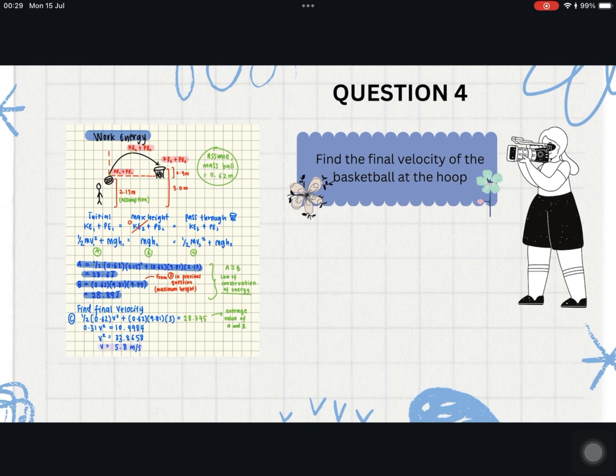At the initial height, the potential energy of the ball is 0. At the max height, the kinetic energy of the ball is 0. Then we sub in the values and we find the final velocity of the basketball at the hoop, which is 5.8 meter per second.